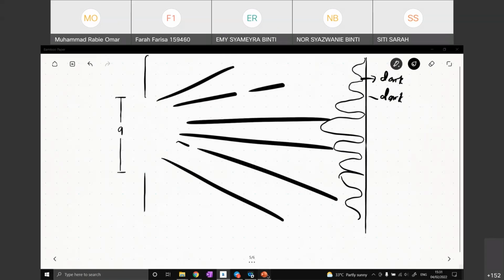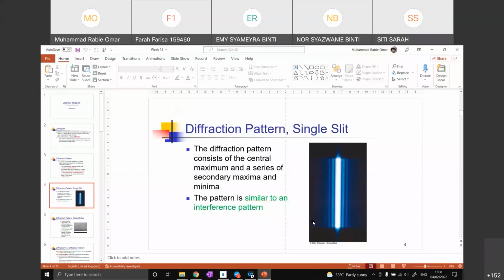When you look at the slide here, you can see there's a dark part here, and then the blue color, and dark, and the blue, and then here in the middle will be the brightest, and then you have the dark position, and then you have the bright position, and then it goes on and on until it fades away. As you go further away from the center line here, it will fade.